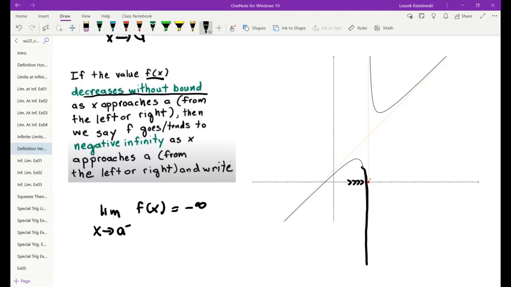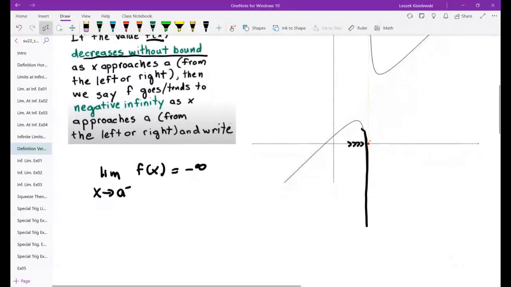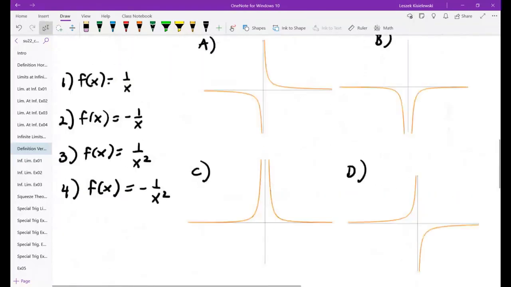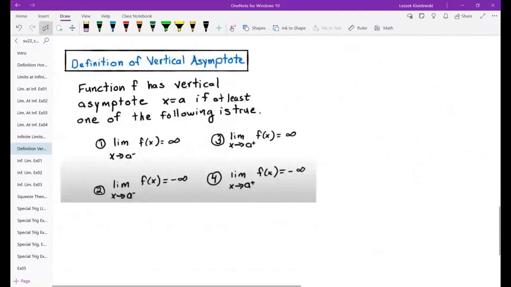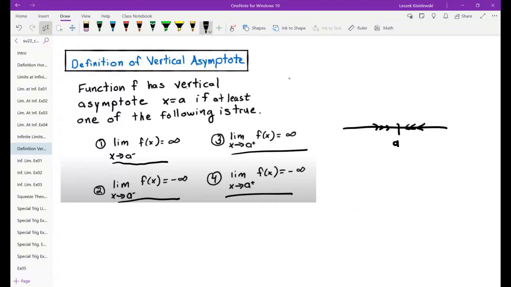To define a vertical asymptote, as long as one of the one-sided limits, so x could be approaching a from the left or the right, at least one from one direction, is plus or minus infinity, then we have a vertical asymptote.